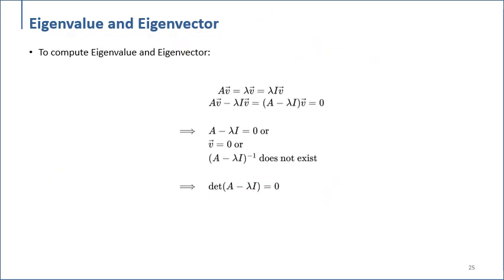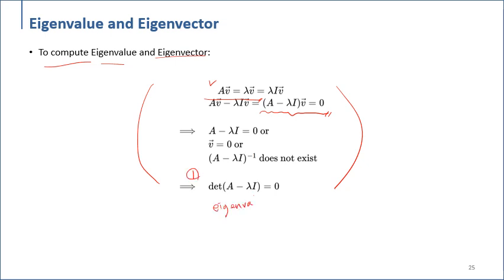For your information, let me briefly recheck how to compute eigenvalue and eigenvectors. I guess you should know how to solve eigenvalue and eigenvector problems. By letting this equation, we need to solve it. For that, we firstly need to calculate the eigenvalue that satisfies these determinant equations.